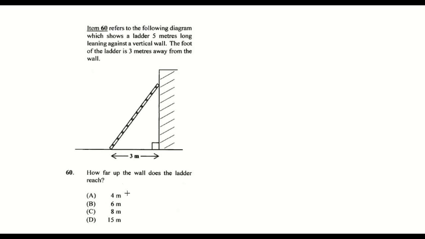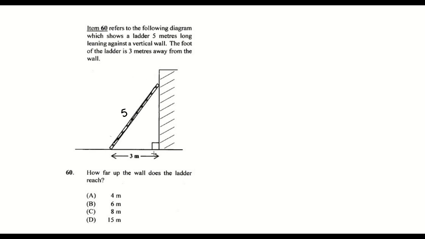Right? How far up is the wall? How far up the wall does the ladder reach? So we basically want to know your hypotenuse, right? Item 60 refers to the following diagram which shows a ladder 5 meters long, leaning against a vertical wall. The foot of the ladder is 3 meters away.